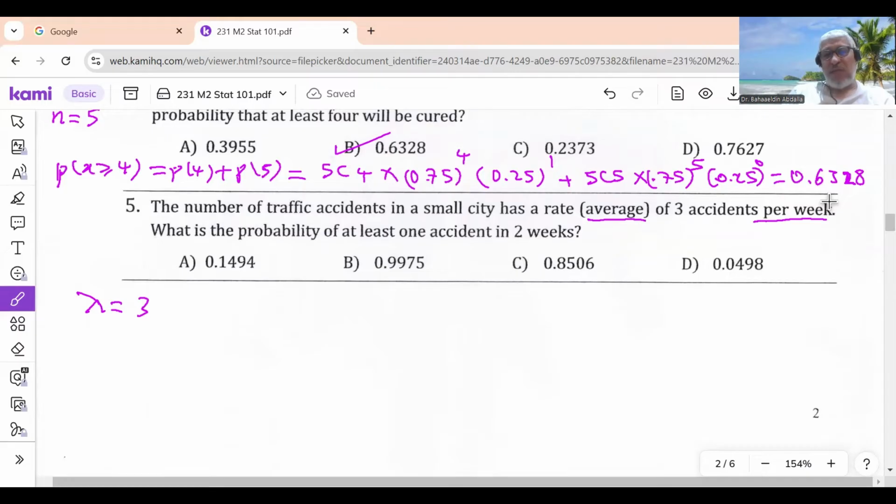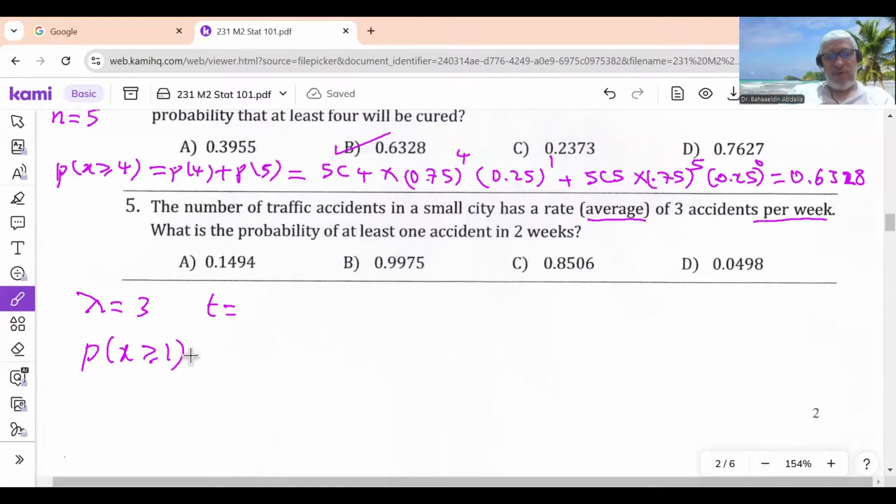And week here is our segment of time. So when he says what is the probability, t in the formula represents the number of segments. What's the probability of at least 1? At least 1 means x is greater than or equal to 1.